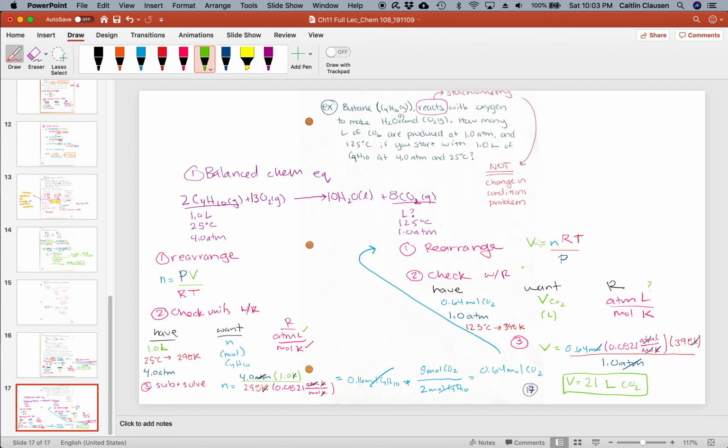You just do it so much that you know it. It also becomes muscle memory a little bit, but you just practice it so many times that you can write out the units of R. You start to know what R is because you've written it so many times, and that way you don't have to flip back and forth with the reference sheet a million times during the exam.